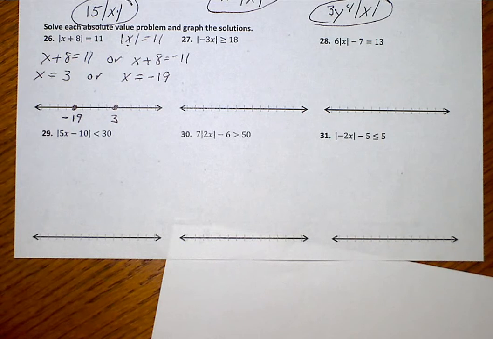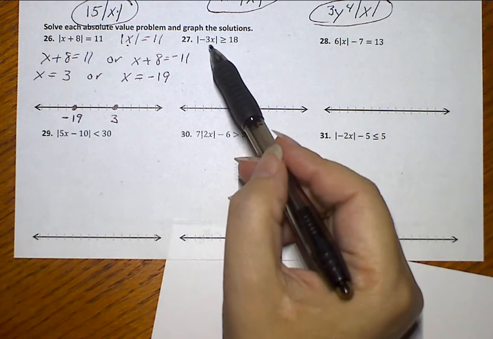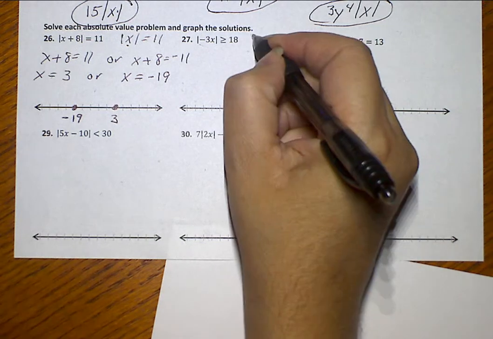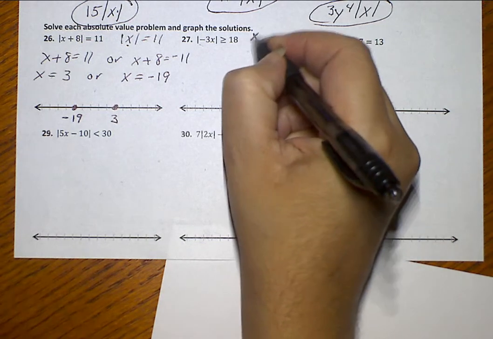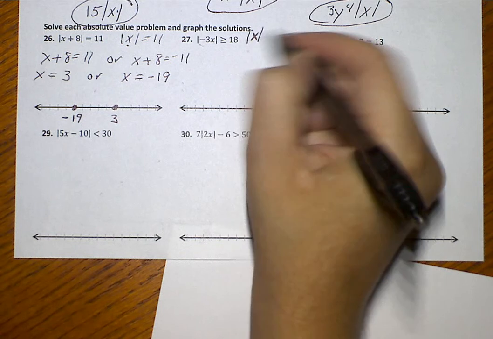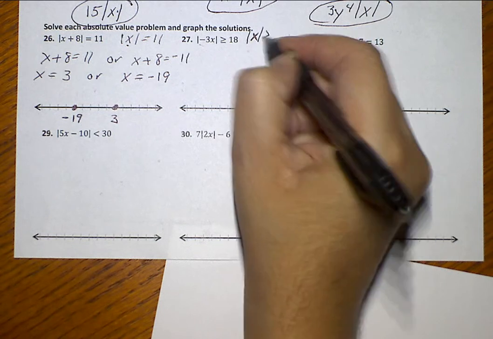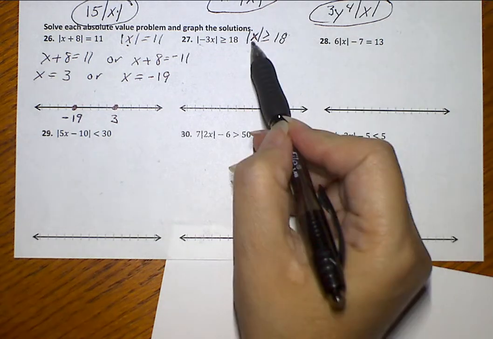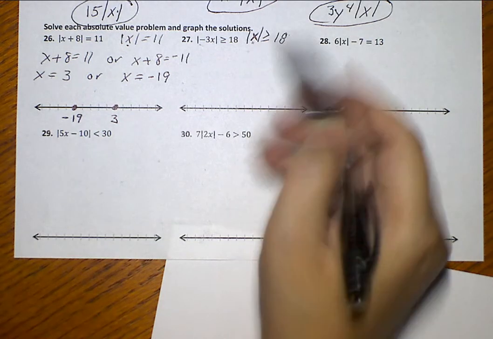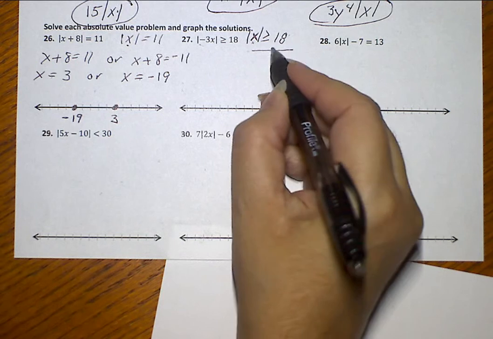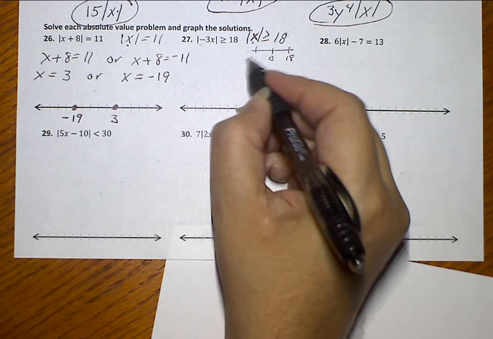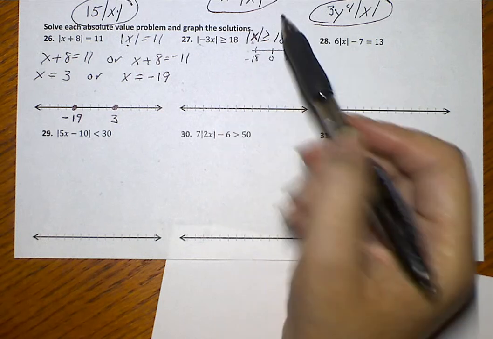If this here was just your x, absolute value of x is greater than or equal to 18, what could this have been on your number line? If you think about it, if this is my 0, this is 18 out there, and this is negative 18, what could go in here to make this true?